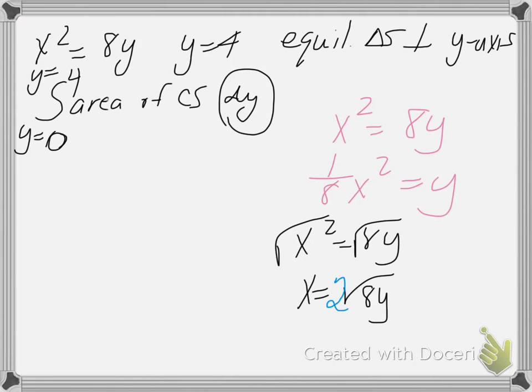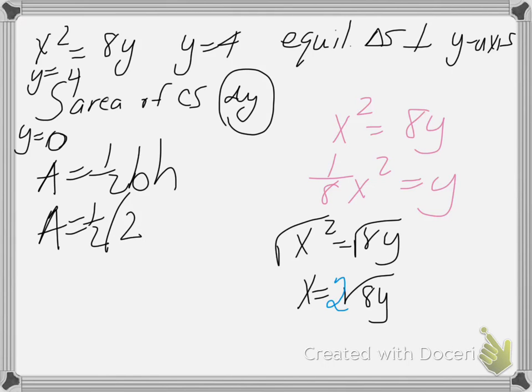So the area of a triangle is 1/2 base times height. Okay, and this stylus pen really stinks. But I think I packed, oh no, wait, here's one. Sorry. Okay, 1/2 base times height. So the area is 1/2. The base, we just said, is going to be 2 radical 8y. And now we have to find the height.